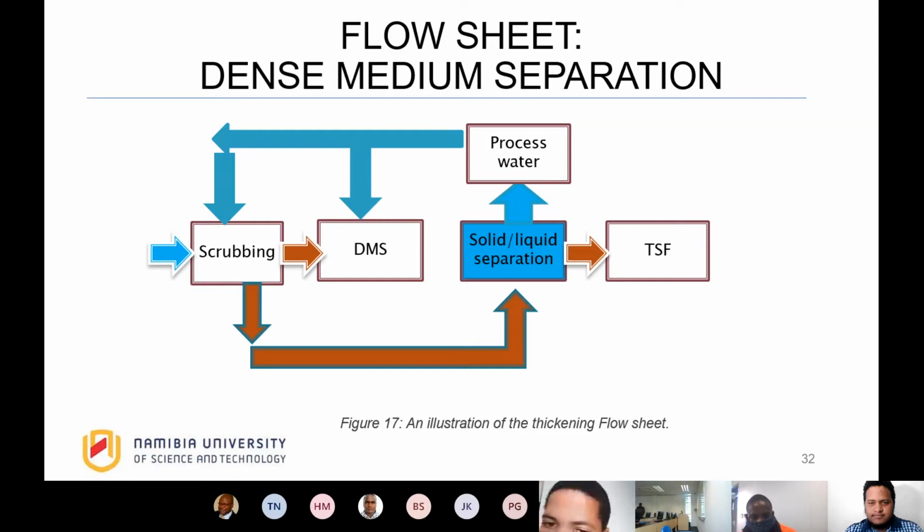The brown arrows are the slurry that we are getting from the scrubbing. That is mainly those ultra fine solid particles that we are washing out through the scrubber screens with the addition of raw water. And we send it to the solid liquid separation unit, which is our thickener, that is supposed to separate the solids from the liquid.